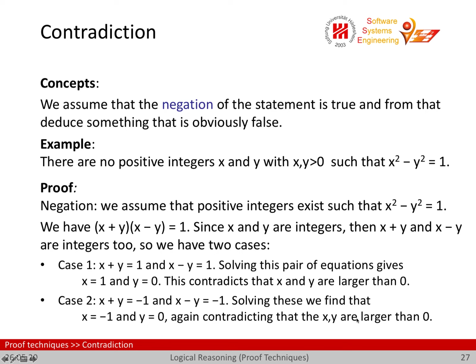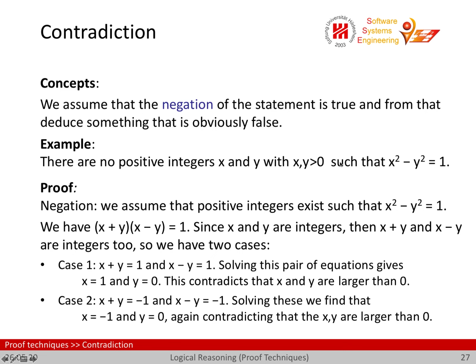So in total, we showed that in both cases this leads to a contradiction. In summary, we can conclude that the negation has been disproven, and therefore our initial sentence has been proven.